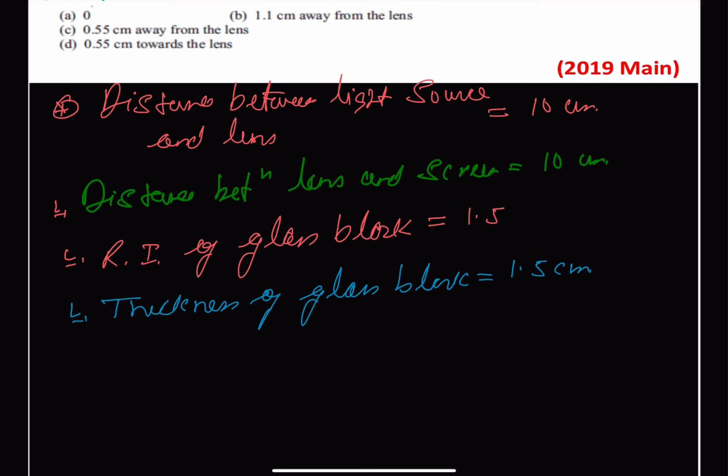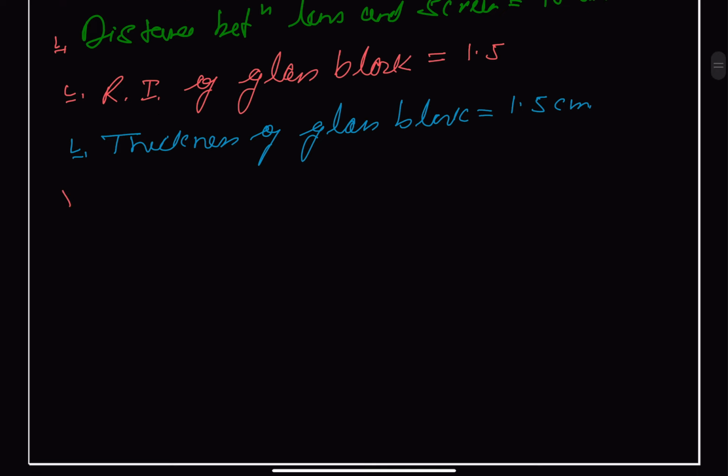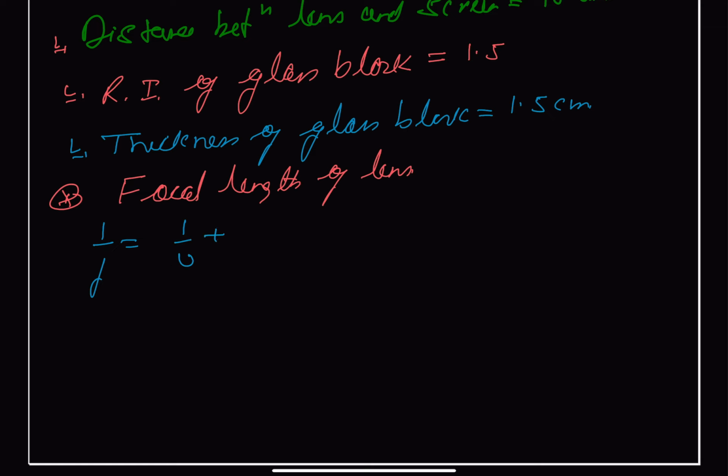So first of all, we are going to calculate the focal length of the lens. For that we can use the standard formula, that is 1 upon f is equal to 1 upon v minus 1 upon u.